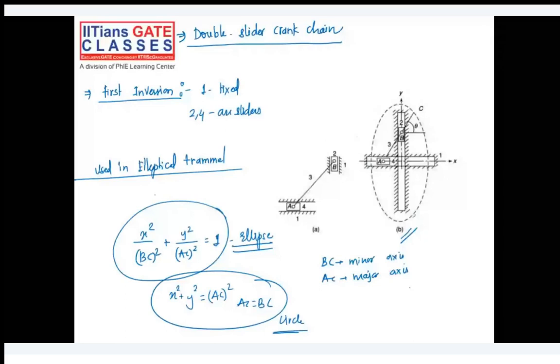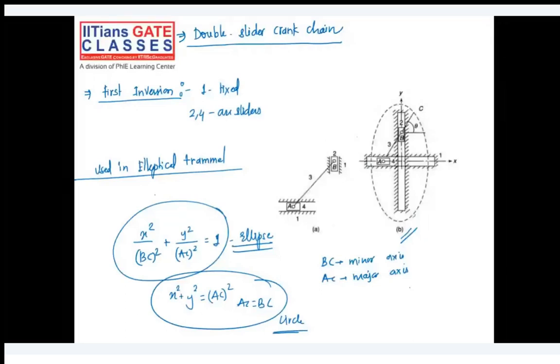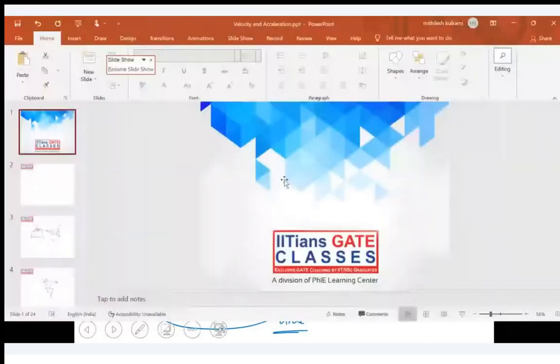The second inversion here is we are fixing link number 4. Fixing link number 4 or fixing link number 2 is more or less the same, because link 4 and link 2 are sliders.